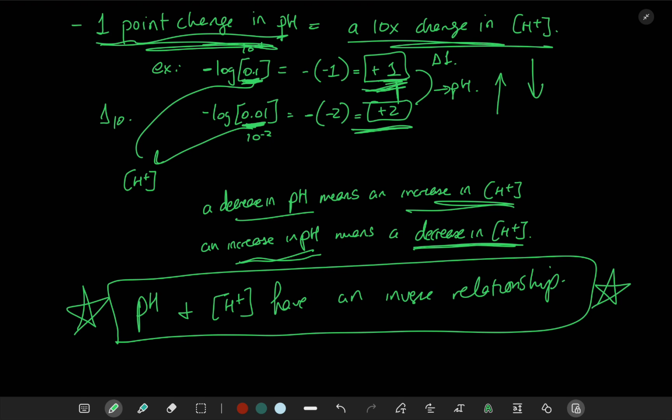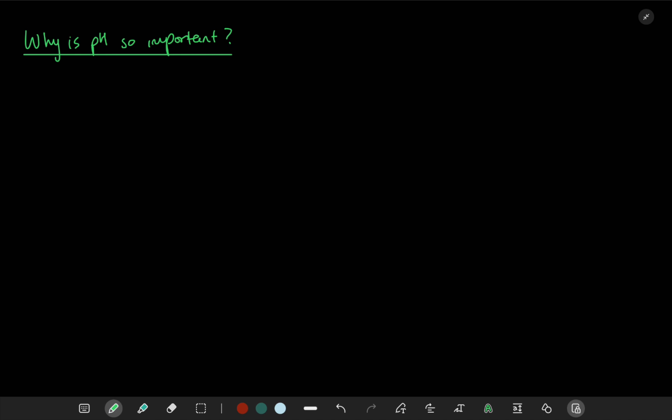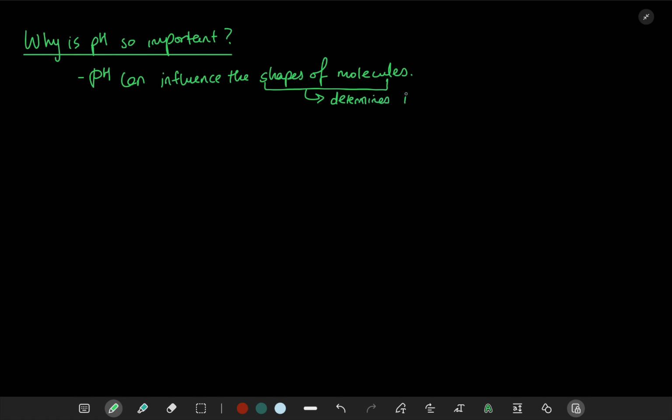So now let's keep going and talk about why pH is so important in biological systems. Well, pH is important because it can influence the shapes of molecules. And we discussed earlier that the shapes of molecules in biology determine their structure and consequently their function.